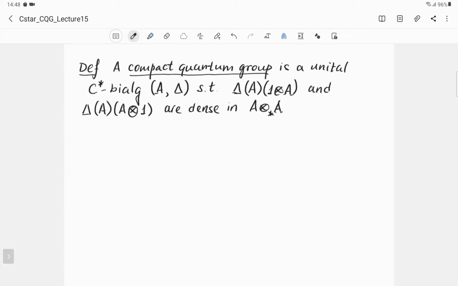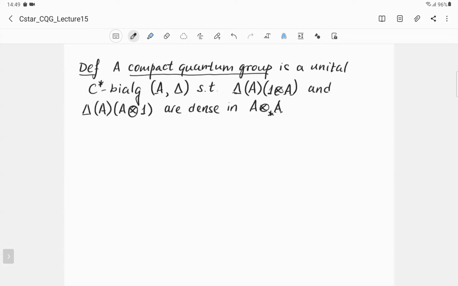So the co-multiplication, which acts from A to the minimal tensor product of A by itself, now acts from C of G to the algebra of continuous functions on G cross G. And this homomorphism corresponds to the multiplication on G. And in fact, we observed by using the Gelfand-Naimark theorem that the category of compact topological semigroups is anti-equivalent to the category of commutative unital C-star algebras.